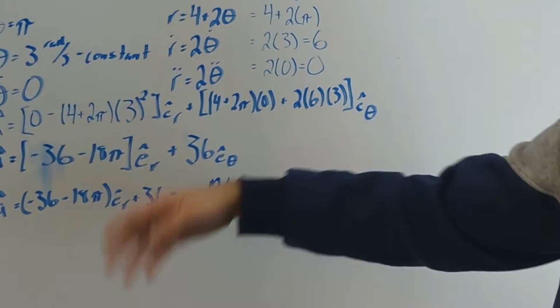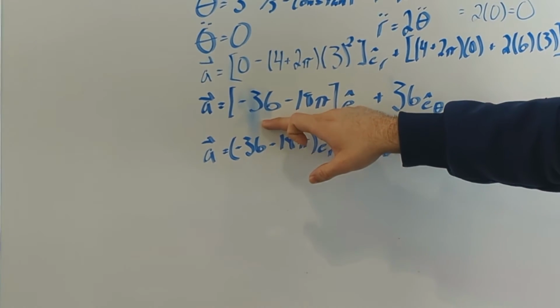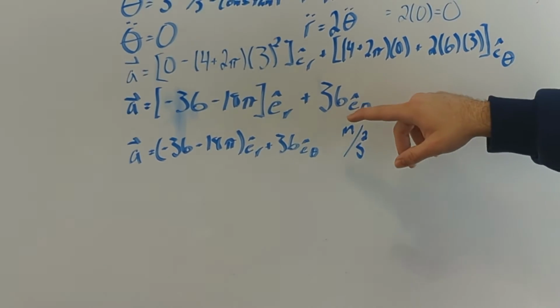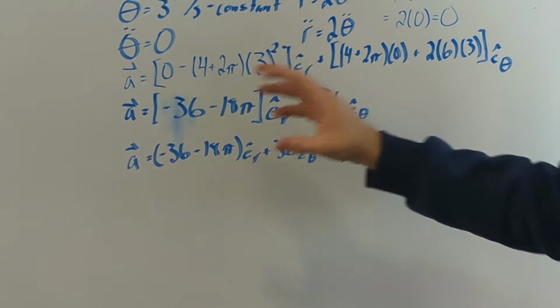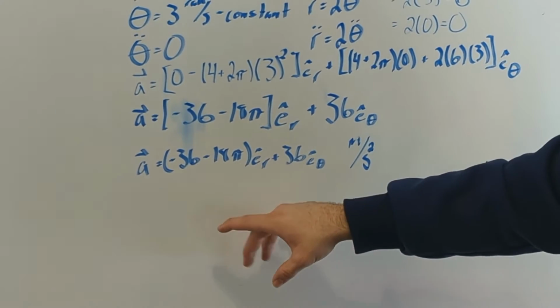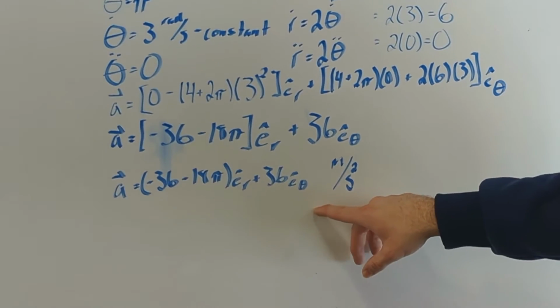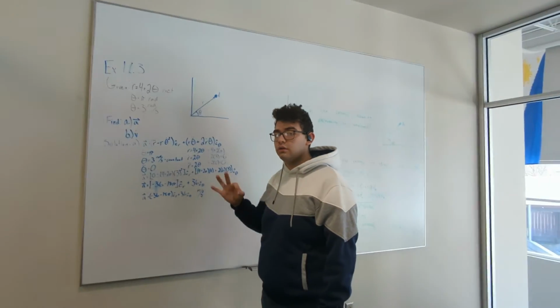With basic algebra simplifying it all, we get negative 36 minus 18 pi e hat r plus 36 e hat theta. So the acceleration vector of P is (negative 36 minus 18 pi) e hat r plus 36 e theta hat meters per second squared.